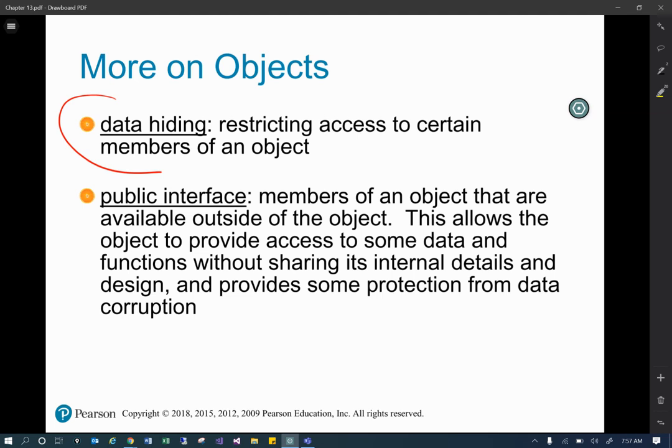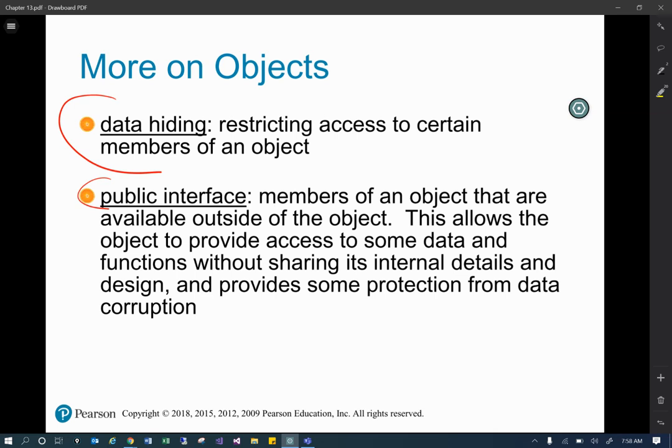So one of the first things that you're going to learn in that data hiding is public interface. That's members of an object that are available outside of this object. Anyone outside of this object can see those variables and those members. This allows the object to provide access to some data and functions without sharing its internal details and design, and provides some protection from data corruption.